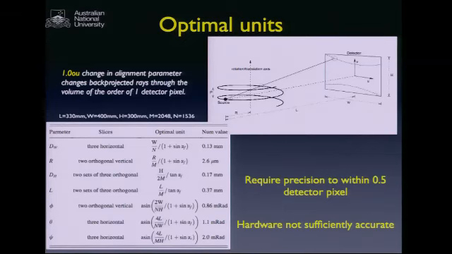And if we insert a typical reconstruction geometry for our problem, we see that for the horizontal shift, we have about 0.13 millimeters. That's a little bit less than 1 detector pixel size on the detector.